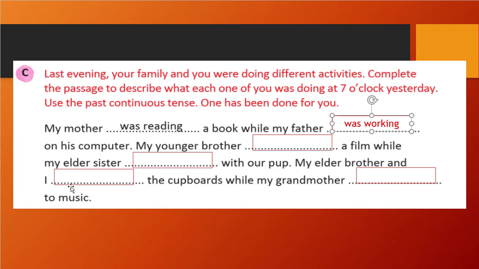Correct? Then, my young brother blank space a film while my elder sister. So, what can you do with a film? You will watch, right? You will watch the film. So, was watching. My brother, mother, and father are all singular. So, we will write it with was.